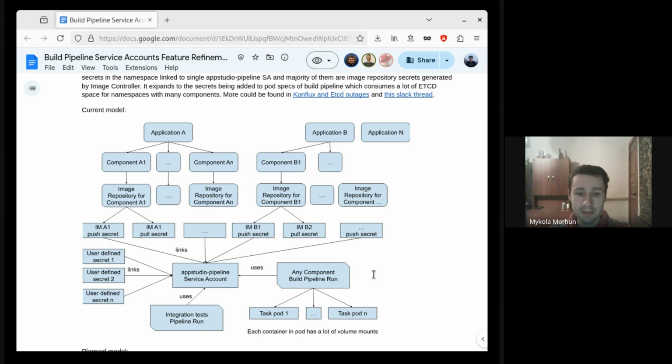And this service account has role bindings that allow it to read every secret in the namespace.